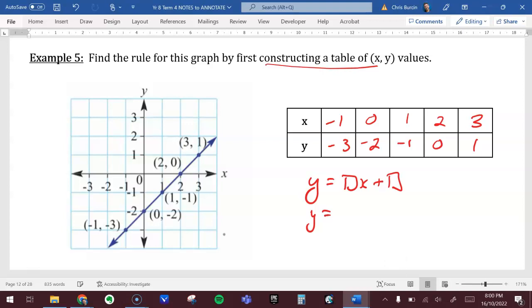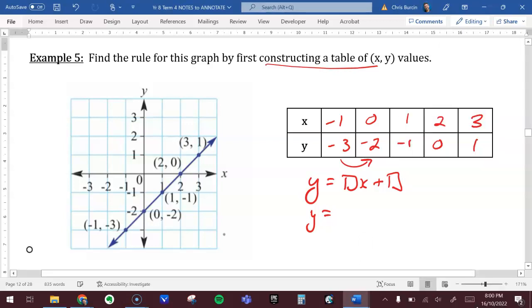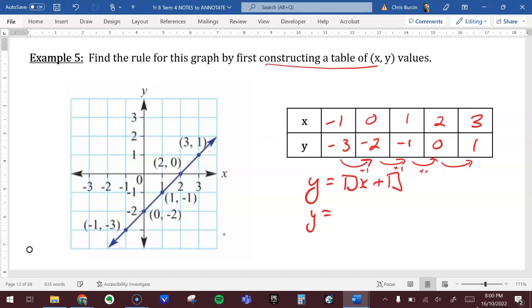So y equals, the coefficient of x is the increase of y when x is moving by 1. And in this case, actually we see that y is also just moving by 1. From negative 3 to negative 2 is 1. From negative 2 to negative 1 is 1. From negative 1 to 0 is 1. And from 0 to 1 is positive 1. So the coefficient of x is 1.